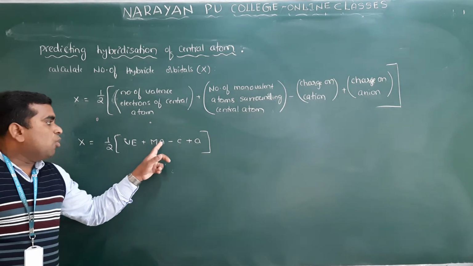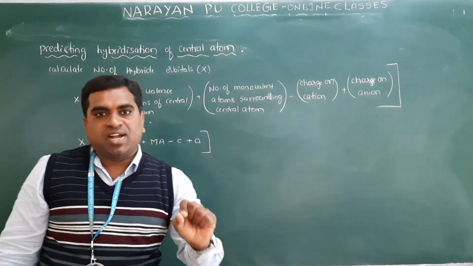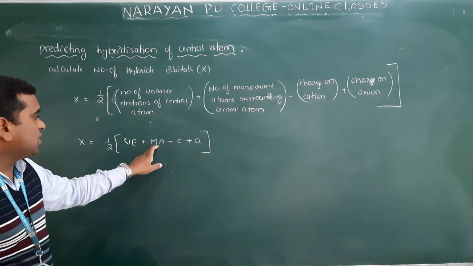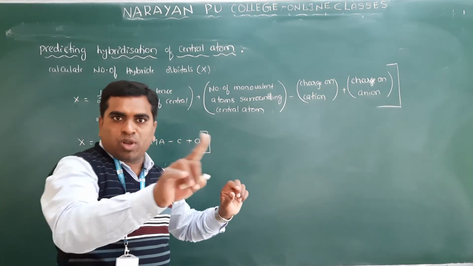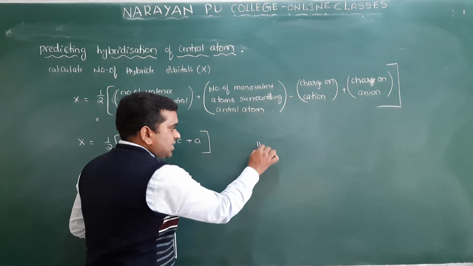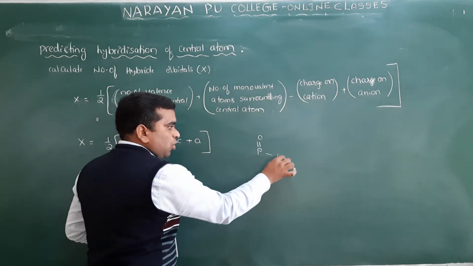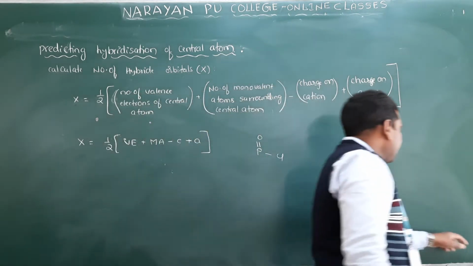If monovalent atoms are not present, then we take the number of monovalent atoms as 0. Monovalent means it forms only one bond. If oxygen is there, it is divalent. If chlorine is there, it is monovalent: one bond here and two bonds here. That is the formula.